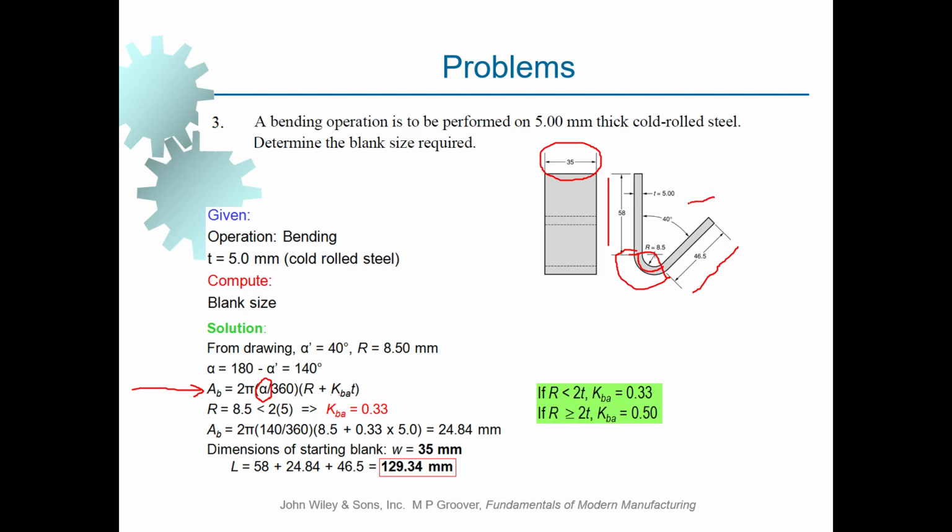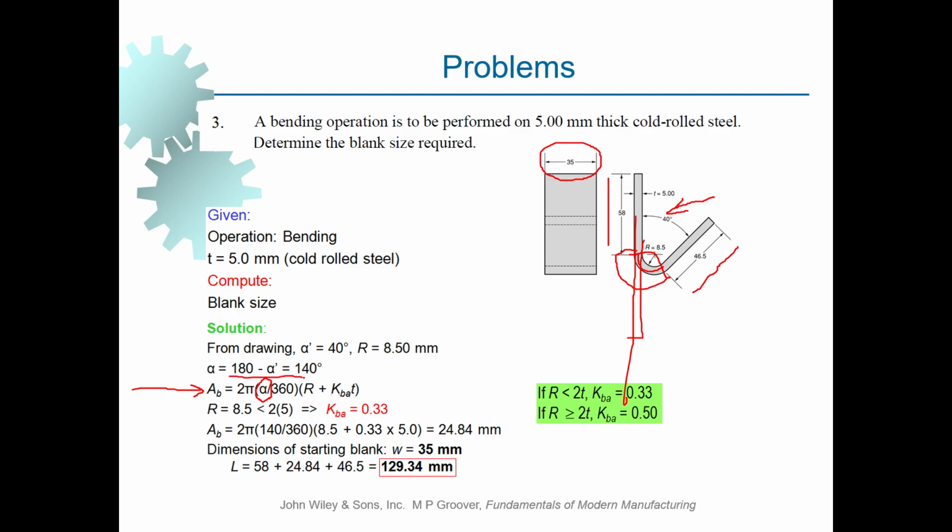We have got an angle of 40 degrees that is given here, but this is actually the included angle on the workpiece material. In order to convert a straight sheet metal to this, we need to apply an angle of 180 minus 40, and that will be the actual bend angle of alpha on the workpiece material.